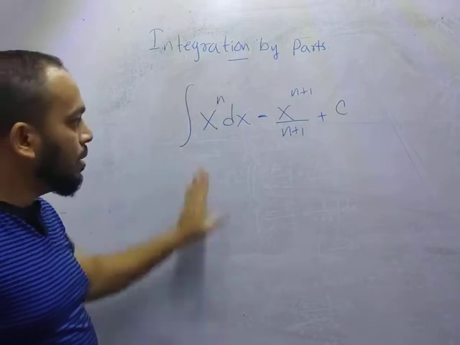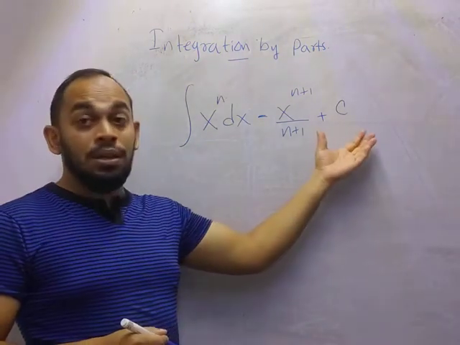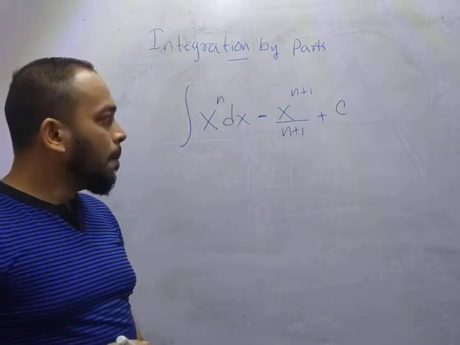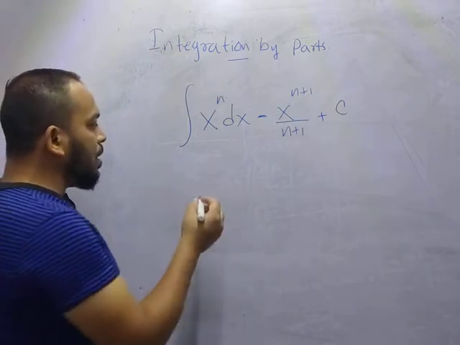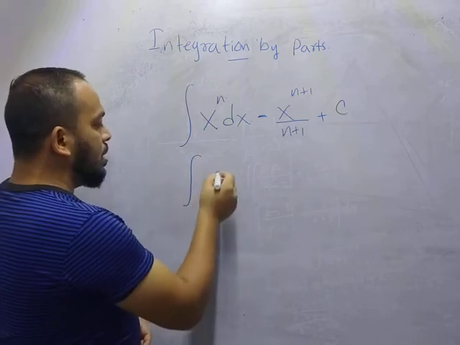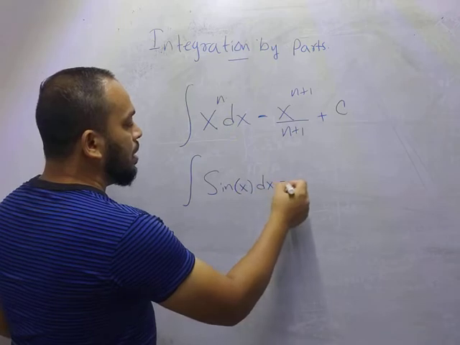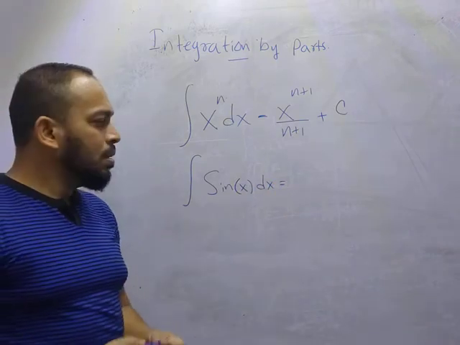If it is an indefinite integral, you add a constant to it, an arbitrary constant. Okay. Now what if we had the integral of sine of x dx?